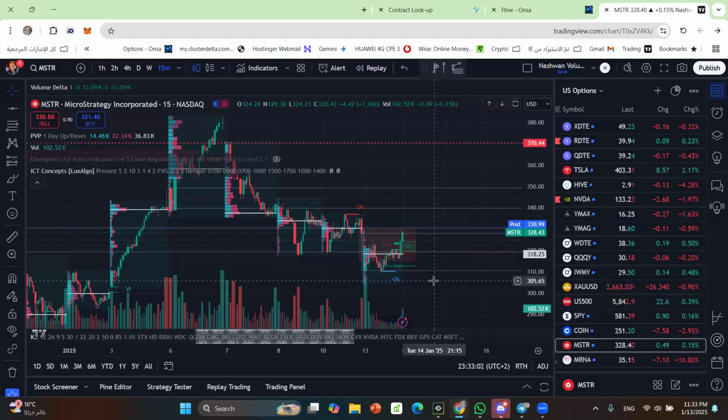Because the market maker here, all he wants right now is just to burn this contract. He only needs the price to close below this level, whatever is here. He doesn't care. All I need is for the price to close below this level.